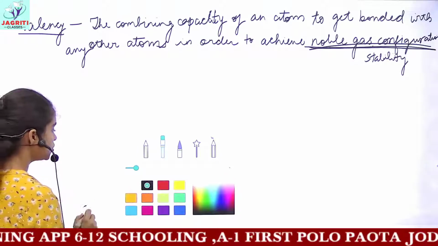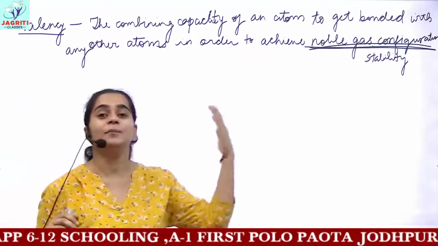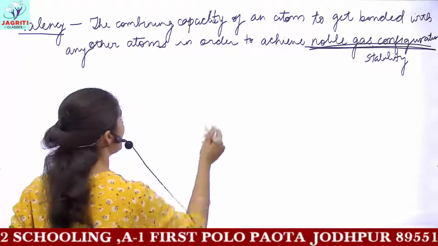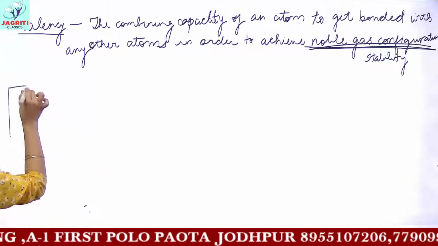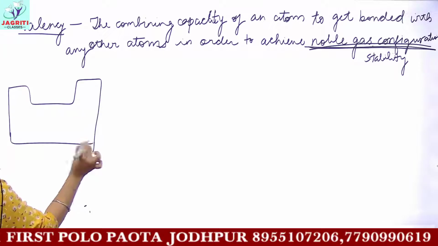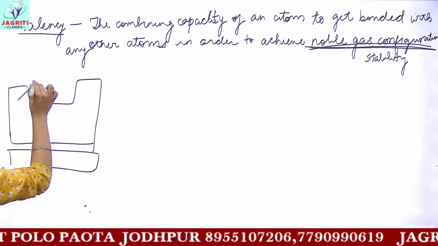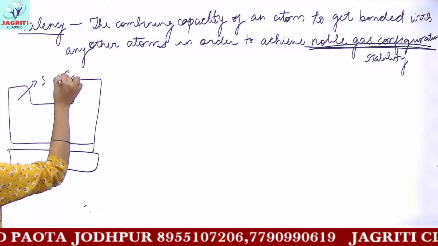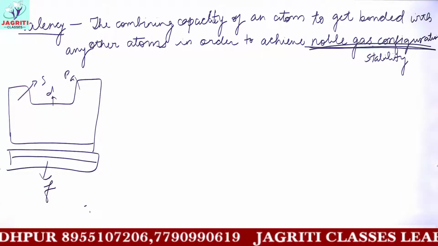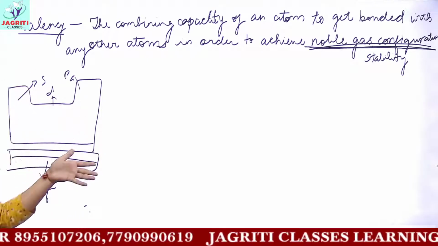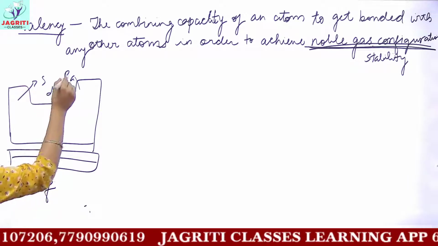Now explaining it to you, in the extreme right of the periodic table you have certain gases. If you have ever seen a periodic table, it is somewhat like this. You have your S block, then you have the P block, then you have your D block, and here is the F block. So have you seen this sort of periodic table in chemistry? I hope you have seen it.